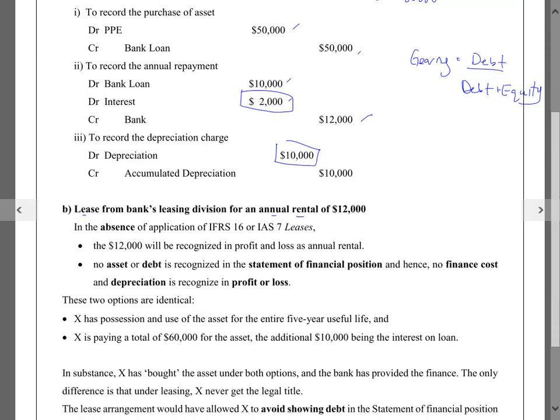In the absence of this standard, the 12,000 will be recognized as annual rental, an expense of 12,000. No asset is recognized because I'm renting. No debt is recognized because I did not borrow. No finance cost is incurred, no depreciation is charged. But of course, I have a rental.